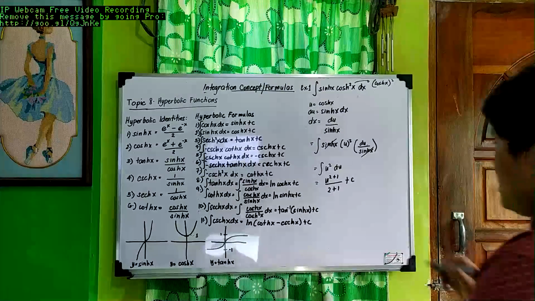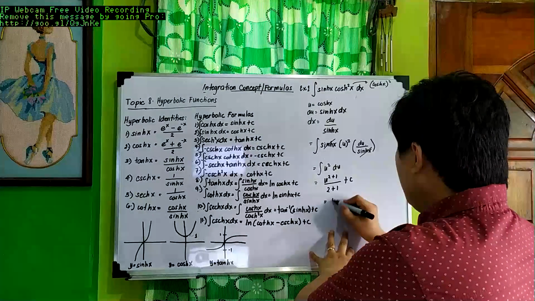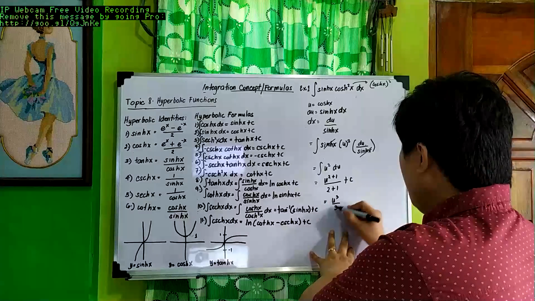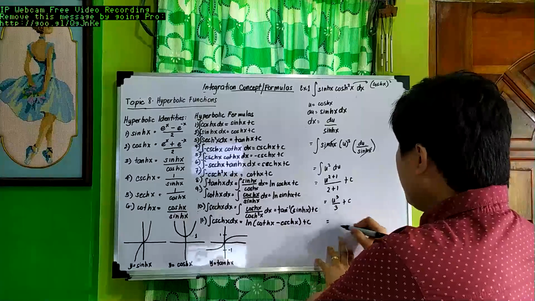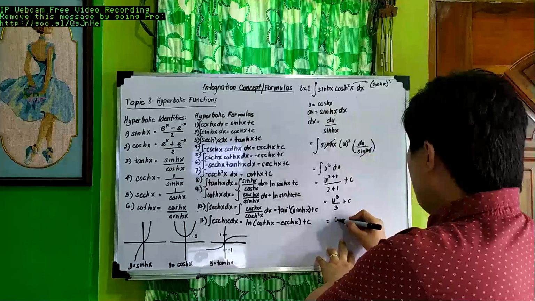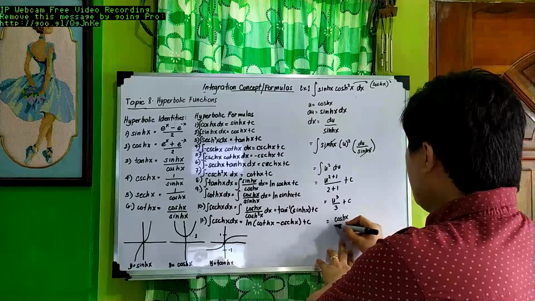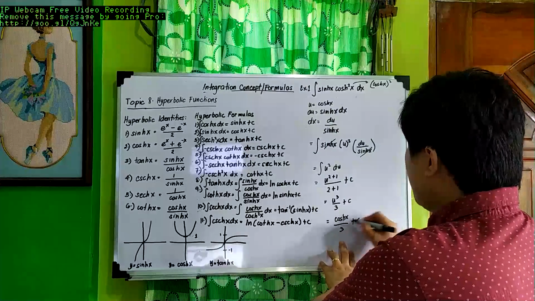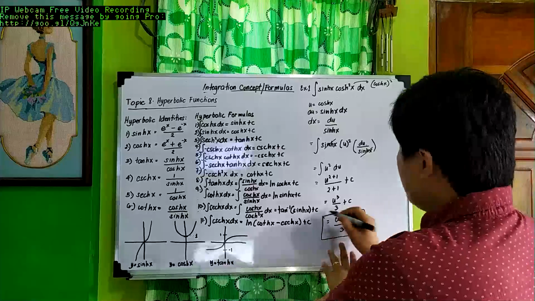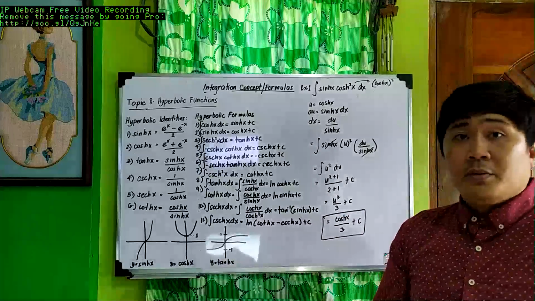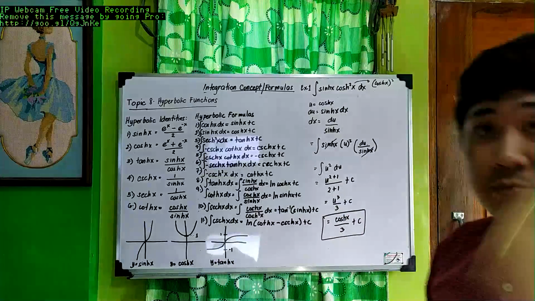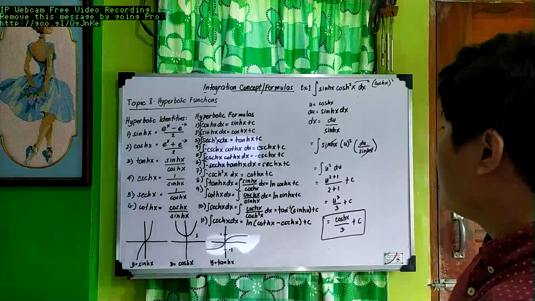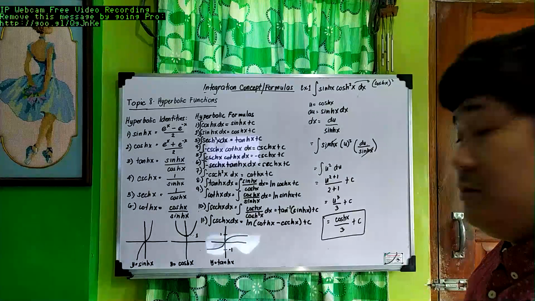Therefore, we have u cubed over 3 plus c. Or what is our u? Cosine hyperbolic x cubed over 3 plus c. Okay?